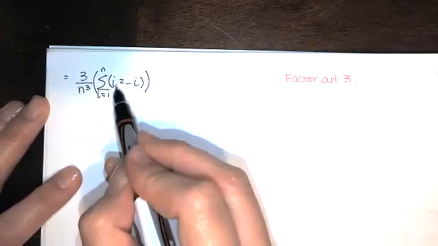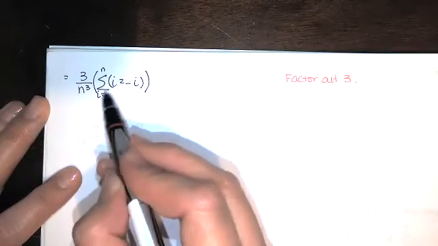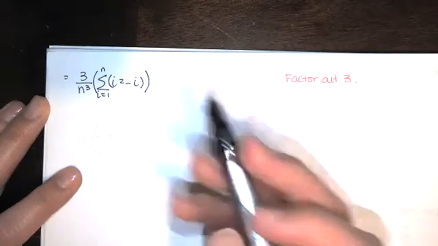Now because I've got an a sub i minus a b sub i here, I'm going to write this as a difference of two different summations.